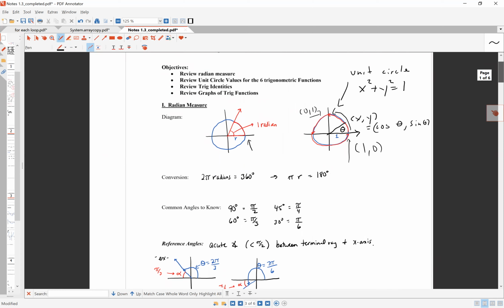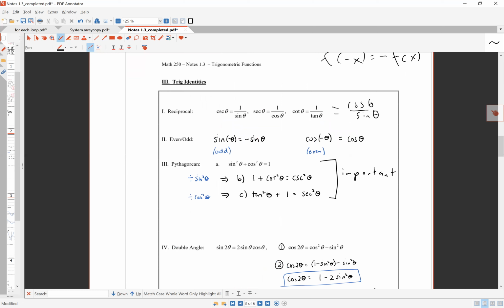Well, x is the same as cosine of theta, and the second coordinate is the same as sine of theta. So wherever you see x, you replace it with cosine, wherever you see y, you replace it with sine, and then you get probably the most famous identity in trigonometry: sine squared plus cosine squared equals 1.